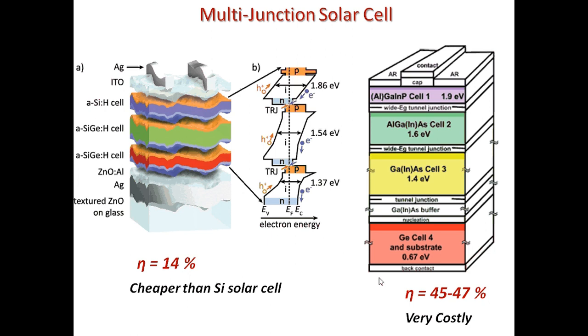As I have told you, there is a voltage factor, and approximately the voltage is always 0.4 volt less than the band gap of your material. So the maximum voltage it can produce will be the band gap minus 0.4. For example germanium, the band gap is 0.8, minus 0.4, so it will give me about 0.4 volt.